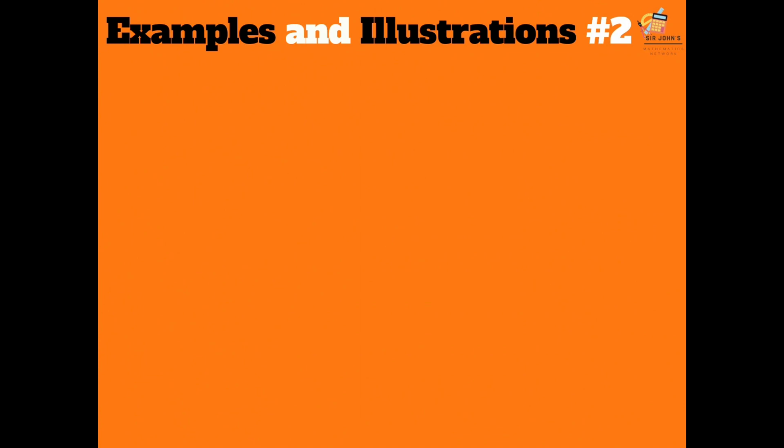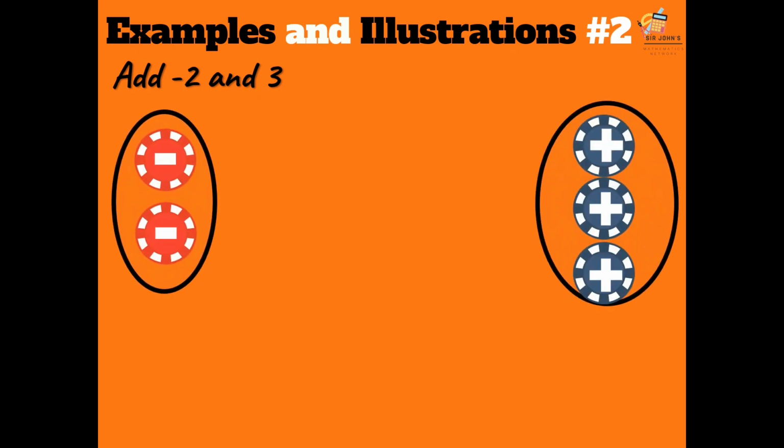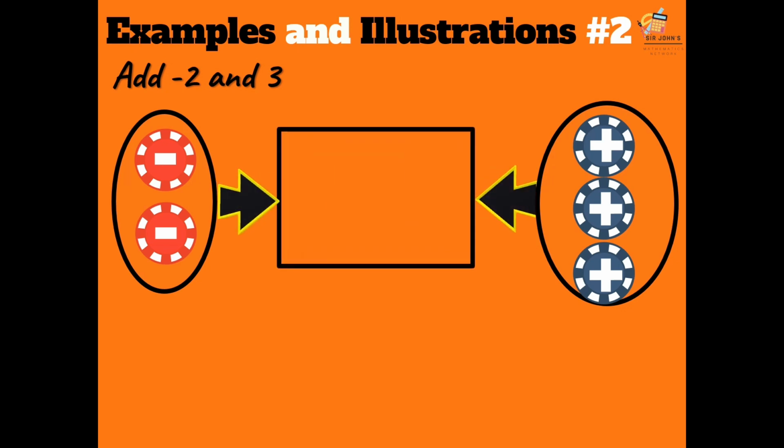Example number 2. Add negative 2 and positive 3. For step number 1, place 2 negative counters and 3 positive counters. After that, pagsasamahin natin yung dalawang negative counters at tatlong positive counters.